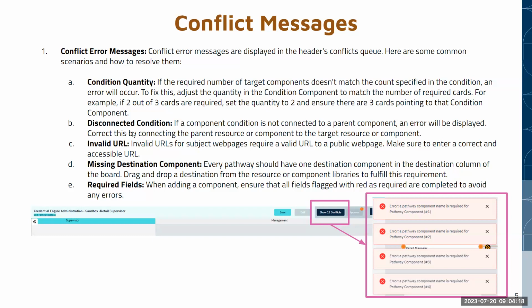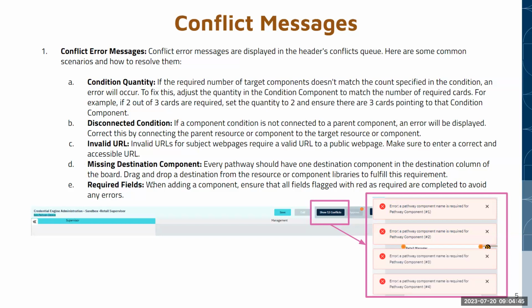You would simply open it up through the edit modal, put the correct subject web page in, and save it. Once you save, your conflict should disappear. Please keep in mind that URLs should always be public web pages. They should not require a login. If you are pointing to a page with login, it could result in an invalid URL.